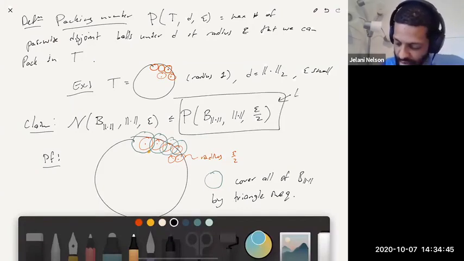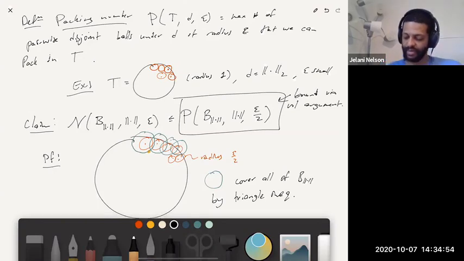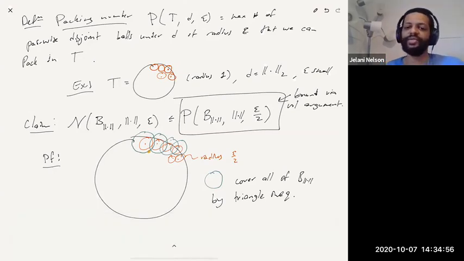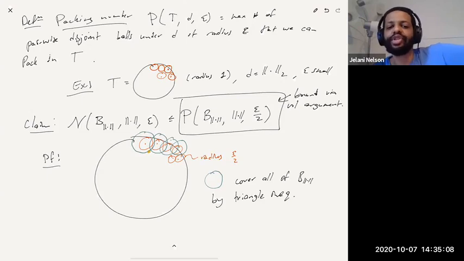You can bound it via a volumetric argument. Basically, this is what you saw in the original JL proof. Basically, what you said is, look, all the red balls combined are contained in a slightly larger ball of radius 1 plus epsilon over 2.